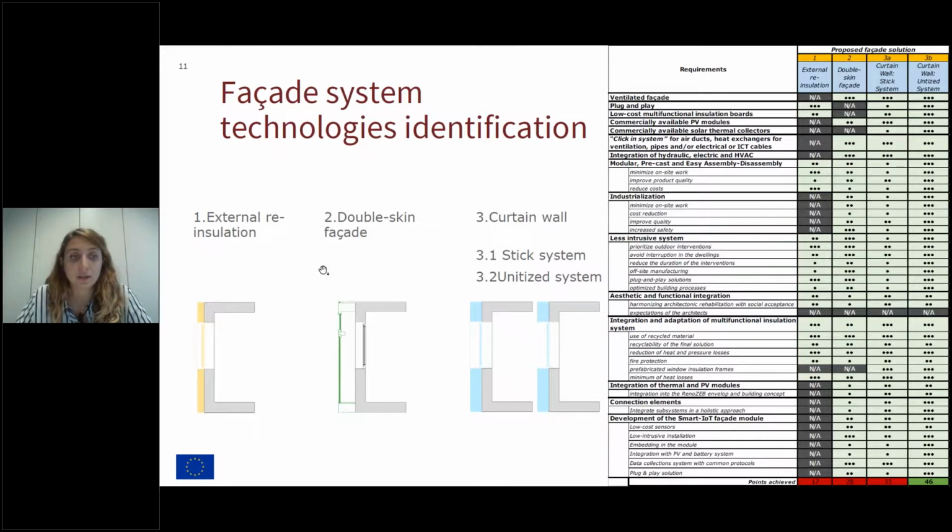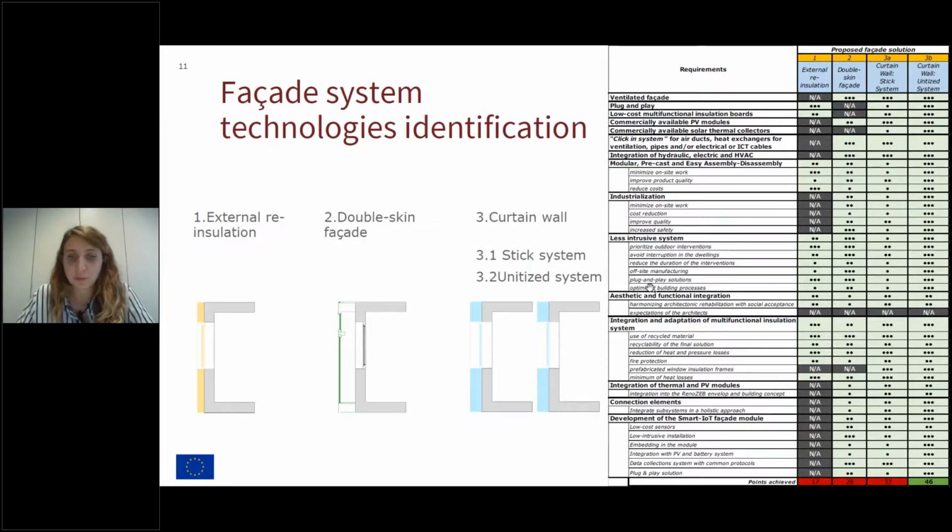This solution is mostly used with glazing facades, and it allows insulating from the heat in the hot season. The third system is divided into subsystems, which are the stick system and unitized system.